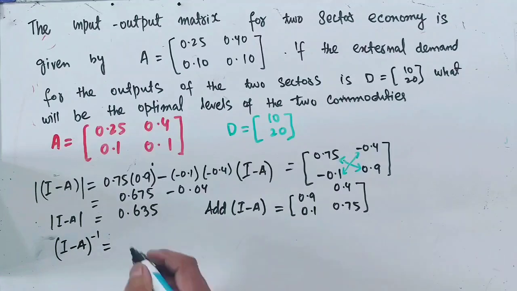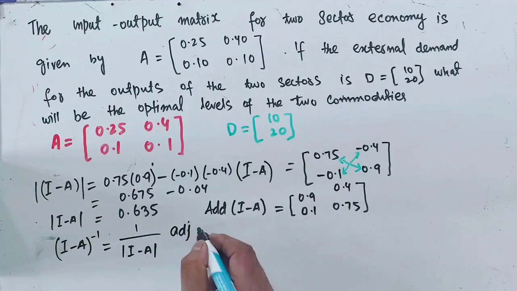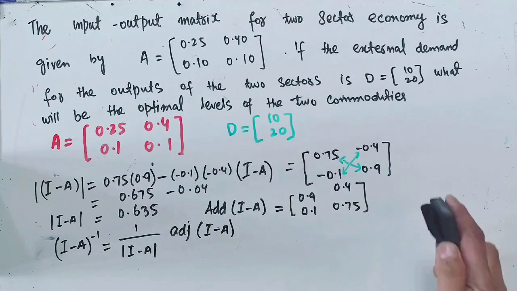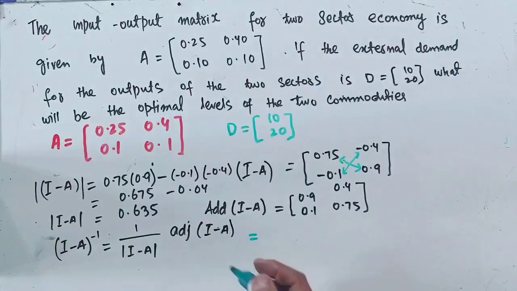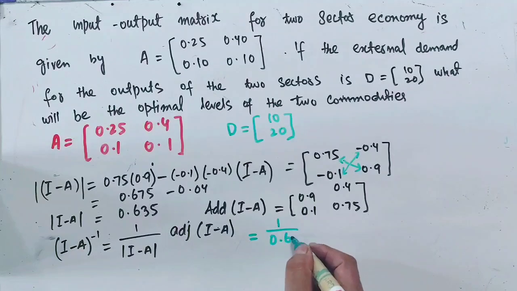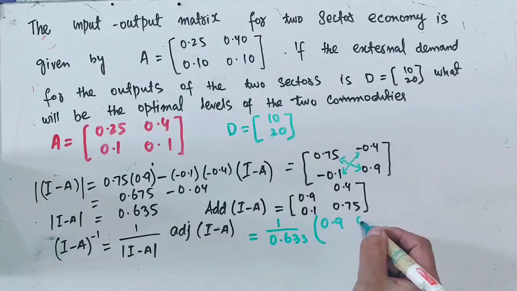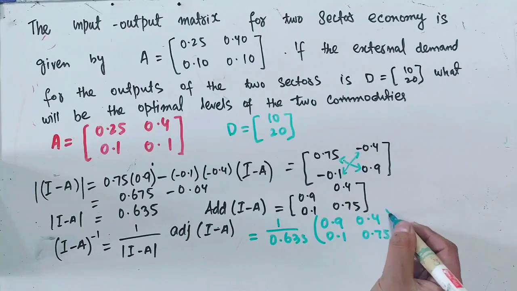Now next we need to find out the inverse of the I minus A matrix. So inverse is simply 1 divided by the determinant of the Leontief matrix I minus A times the adjoint of I minus A. So can we write it like this? 1 divided by 0.635 times this 0.9, 0.4, 0.1, 0.75.